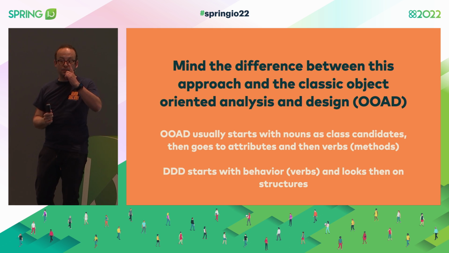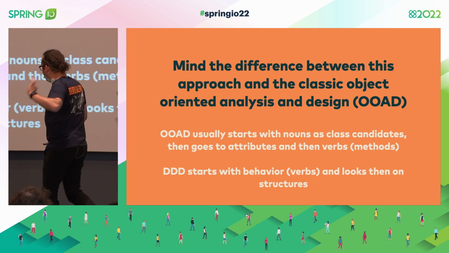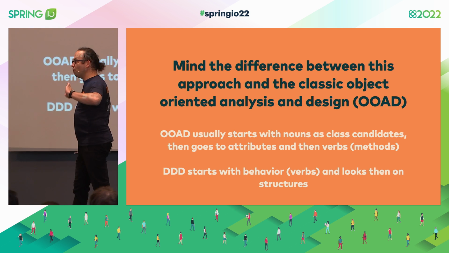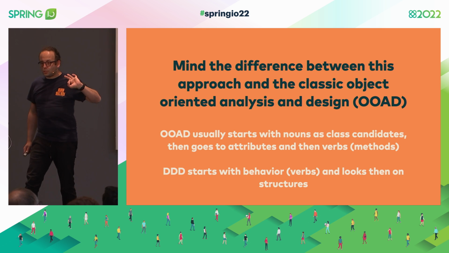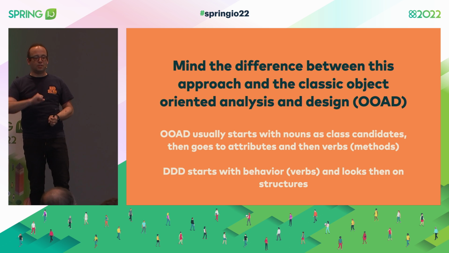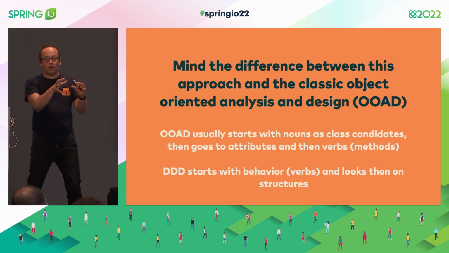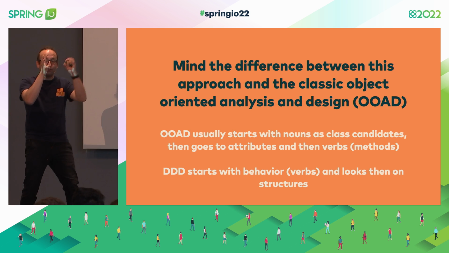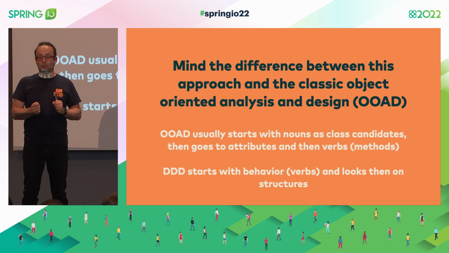And now mind the difference, please. In classical object-oriented analysis and design, OOAD, yeah, there is we start. I still remember when I was at university, we had a book that said, okay, first of all, look for nouns. Those are your classes. Then look for attributes. And after that, look for the methods.